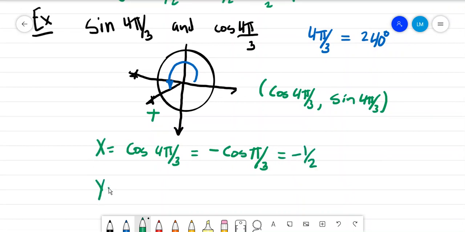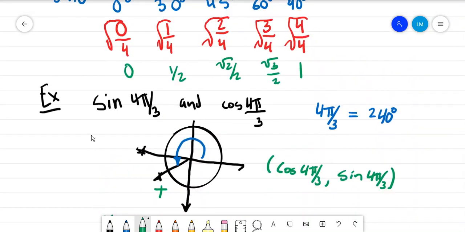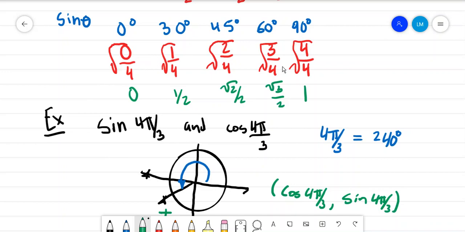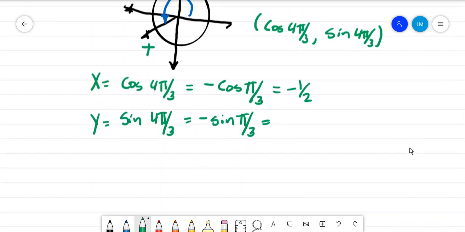Then furthermore, similarly with sine, you have sine of 4 pi over 3, and this is going to be negative sine of pi over 3. Now sine of pi over 3 is sine of 60, which is root 3 over 2. So in this case, I have negative root 3 over 2.